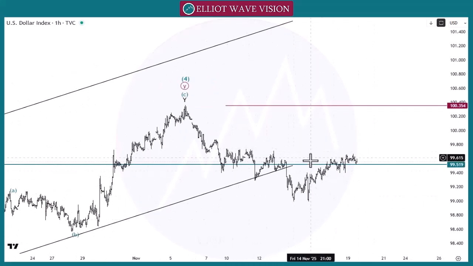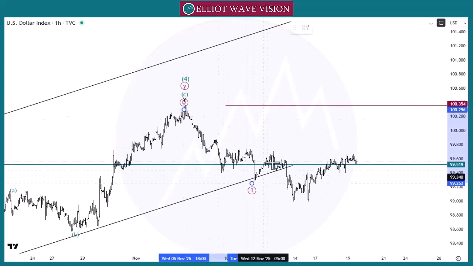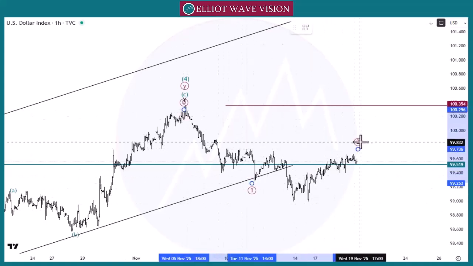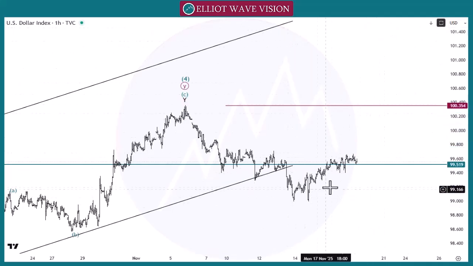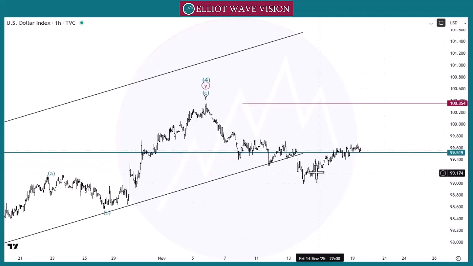We also count this move as a wave 1, like this wave 1, A, B and C. That's also possible. But as of now we are waiting for the classic trading level pattern below this 99.